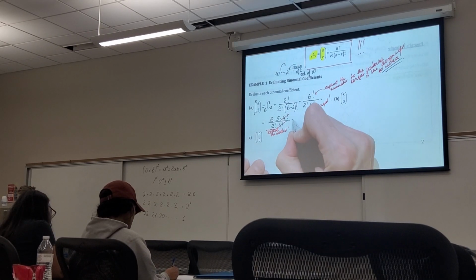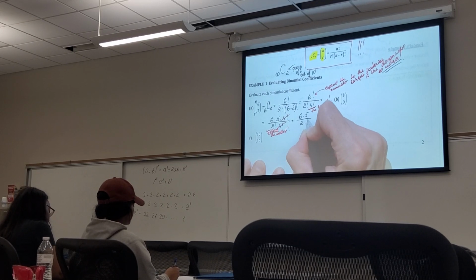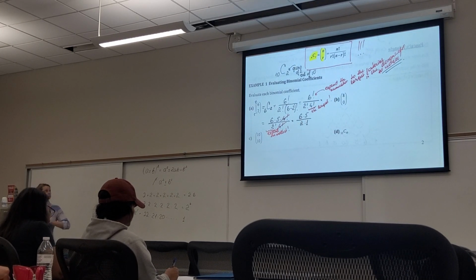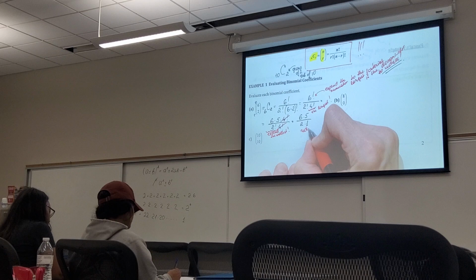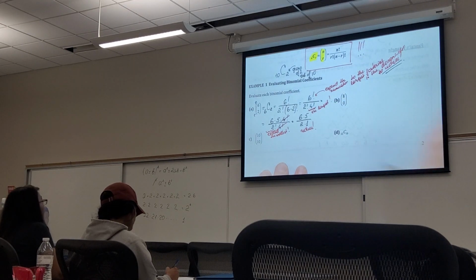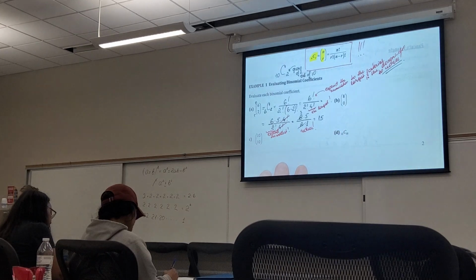So now when I expand, I will have 6 times 5 divided by 2 times 1. Now I don't have factorials anymore, so we are going to reduce as much as you can. 2 goes into 6 3 times, 5 gives me 15.